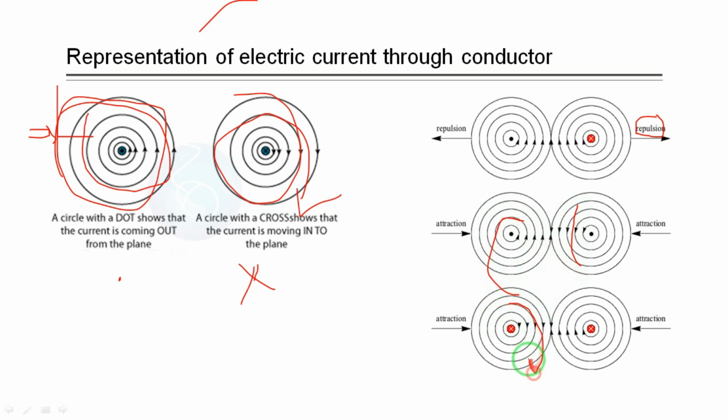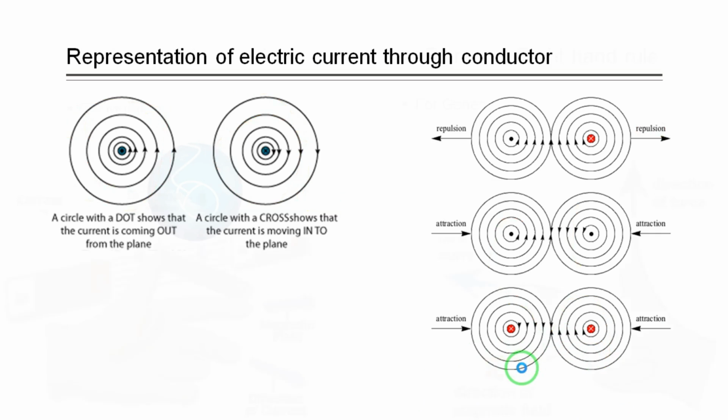If both conductors are in clockwise direction, then also they attract. So when the two conductors' magnetic flux directions are the same, they attract each other. If the magnetic field directions are opposite, then those two conductors repel each other.